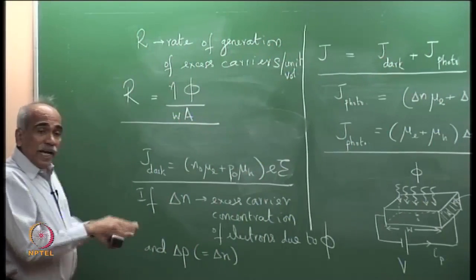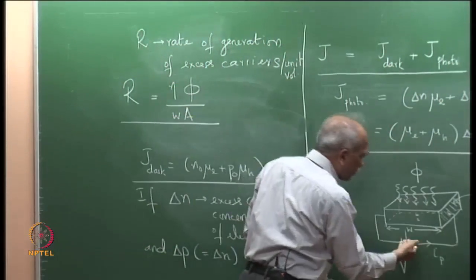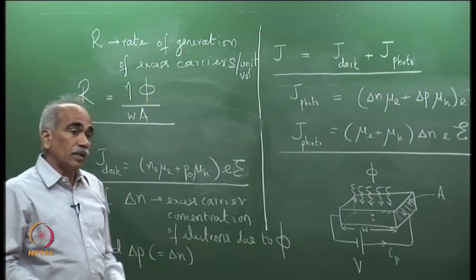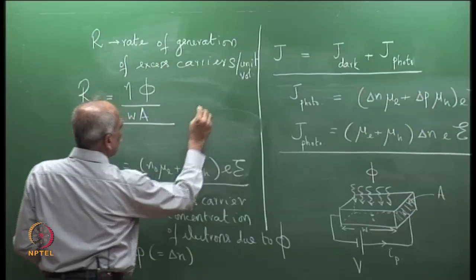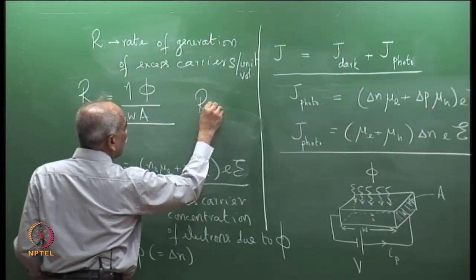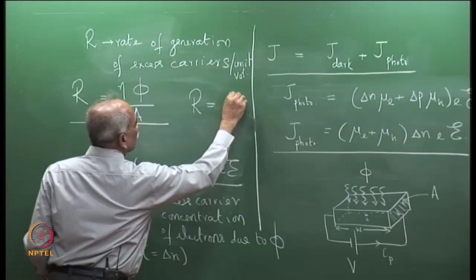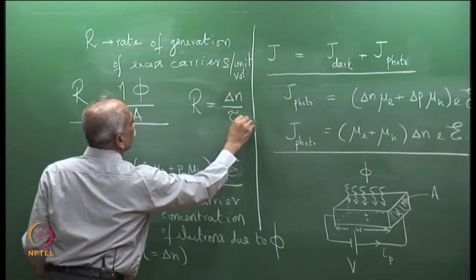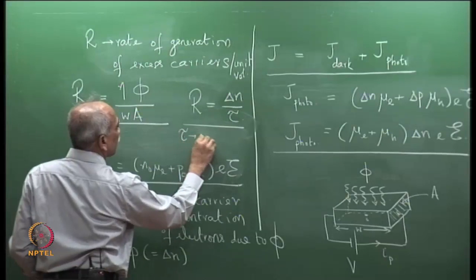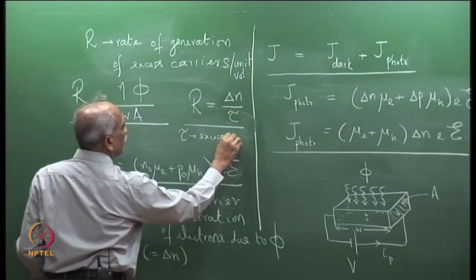But at steady state, the rate of carrier generation will be equal to the rate of recombination, and we have already seen in an earlier lecture, before we discussed electroluminescence, that R, the rate of recombination, is given by delta n divided by tau, where tau is the excess carrier recombination time.